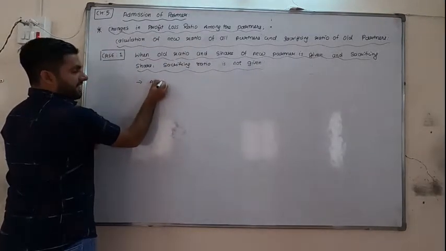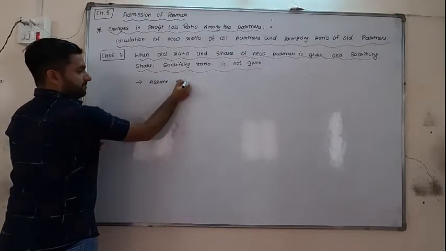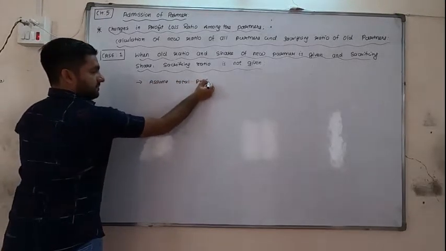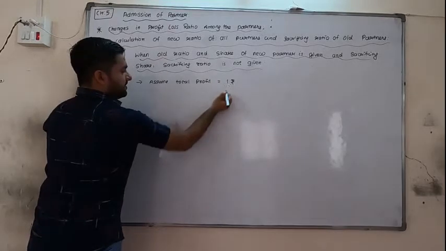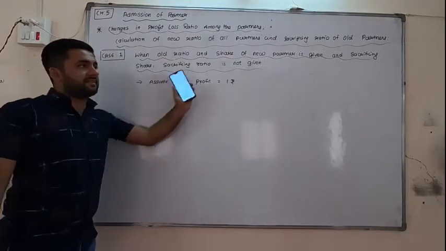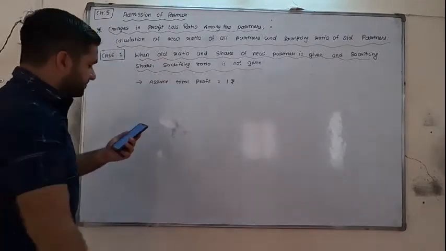First, you will start with assumption. Assume total profit 1 rupee. You will always assume total profit 1 rupee in this type of sum.